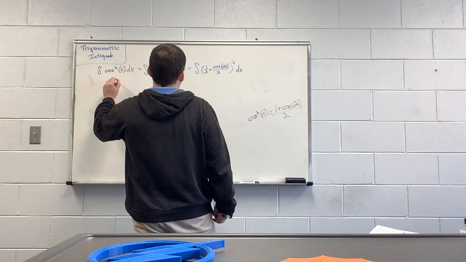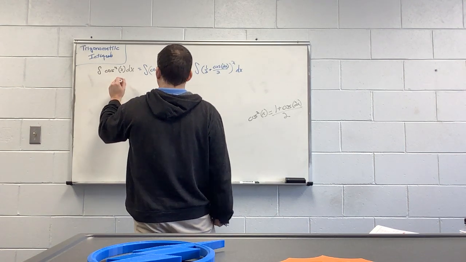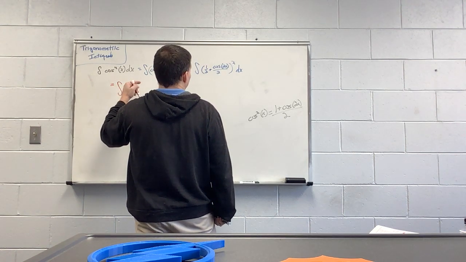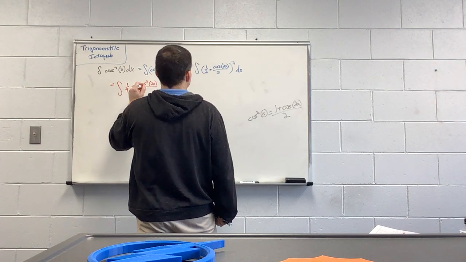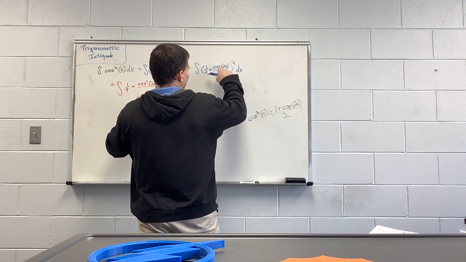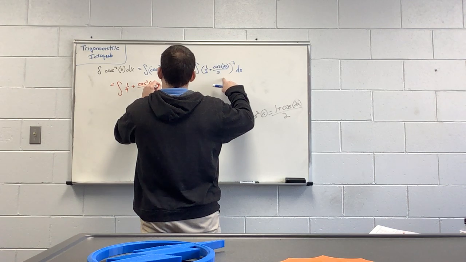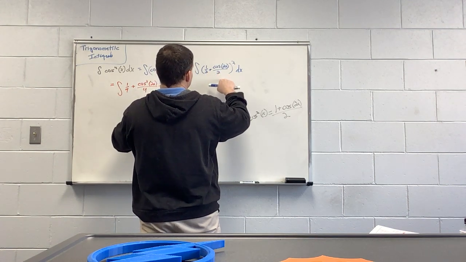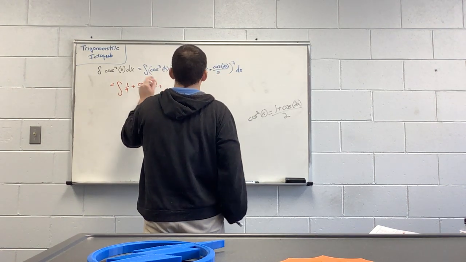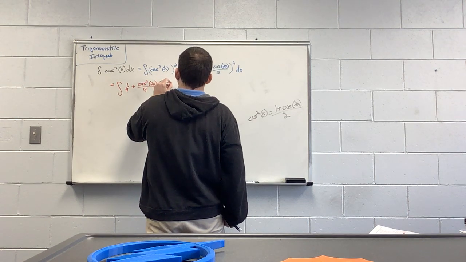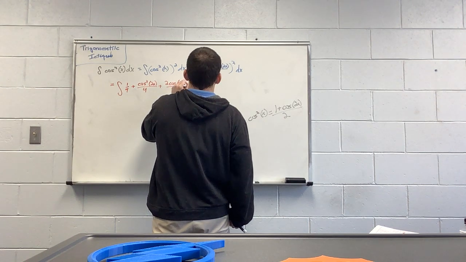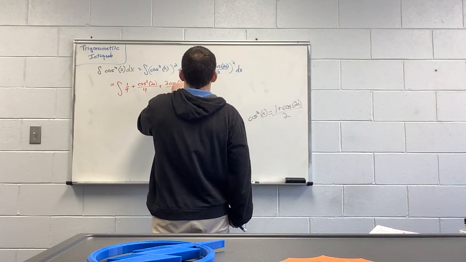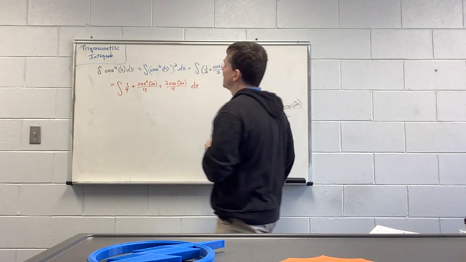So if I FOIL, all of you can FOIL, so if I FOIL that, I get 1/4, 1/2 times 1/2 is 1/4, plus cosine squared of 2x over 4, plus, now I multiply both of those twice, so I get cosine 2x over 4, but I get two of them, so 2 cosine 2x over 4, dx.